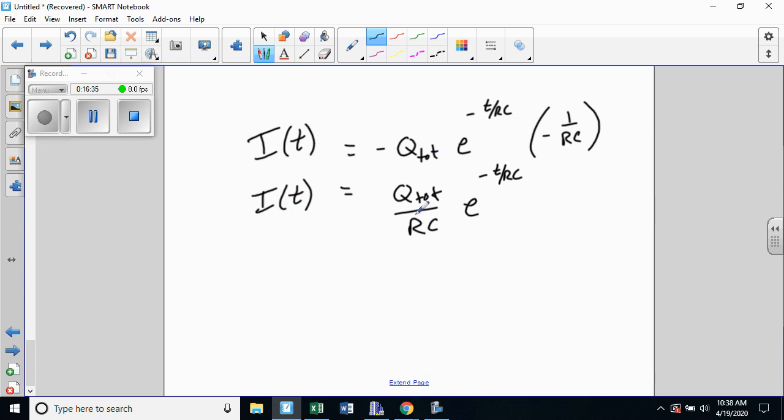But what is this Q over RC? This seems kind of familiar. Well, Q total over C would just be the voltage of the battery, right? So voltage of the battery divided by R, e to the minus t over RC.